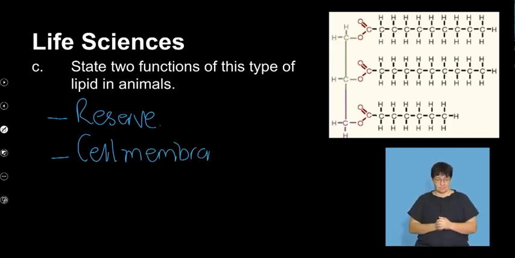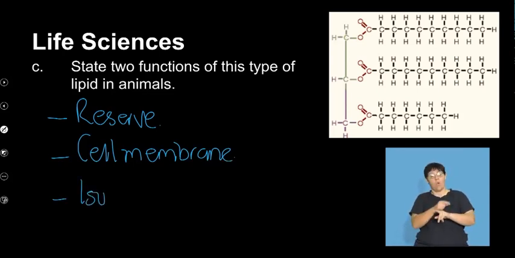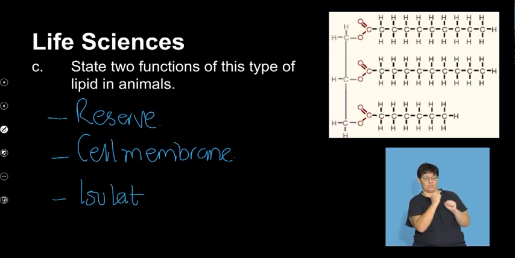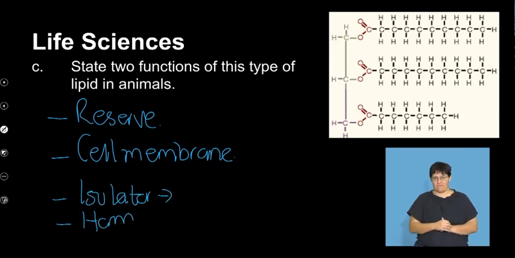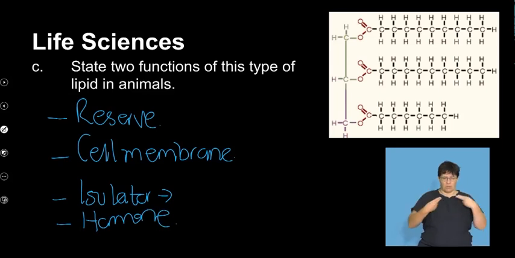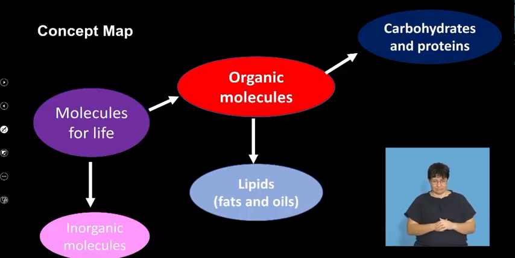What else did it do? It was underneath our skin. It was an insulator. It kept us warm. What else? It's a hormone. That helps us to keep our stress hormones, etc., and all of that nice and healthy.